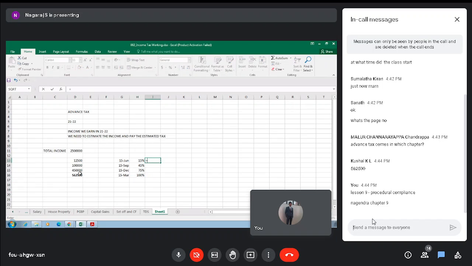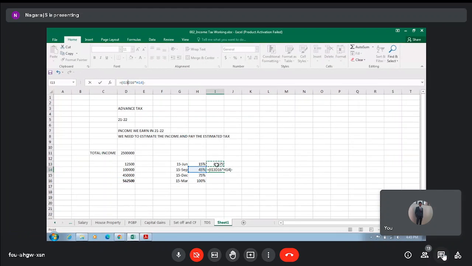15% means this total tax into 15%. 45% means this into 45% minus what you already paid.